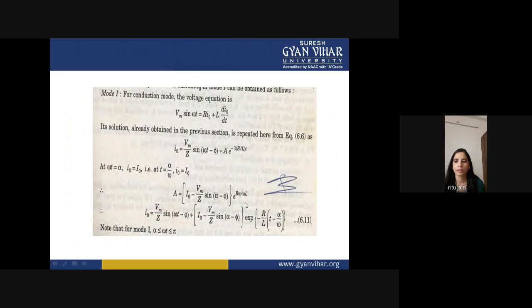So you can get the value of A, which is equal to (I0 minus Vm upon Z sin(alpha minus phi)) times e to the power R alpha upon omega L. By solving this equation, you will get the expression for your output current, which is Vm upon Z sin(omega t minus phi) plus (I0 minus Vm upon Z sin(alpha minus phi)) times the exponential of minus R upon L (t minus alpha upon omega). So this is the equation for your output current.